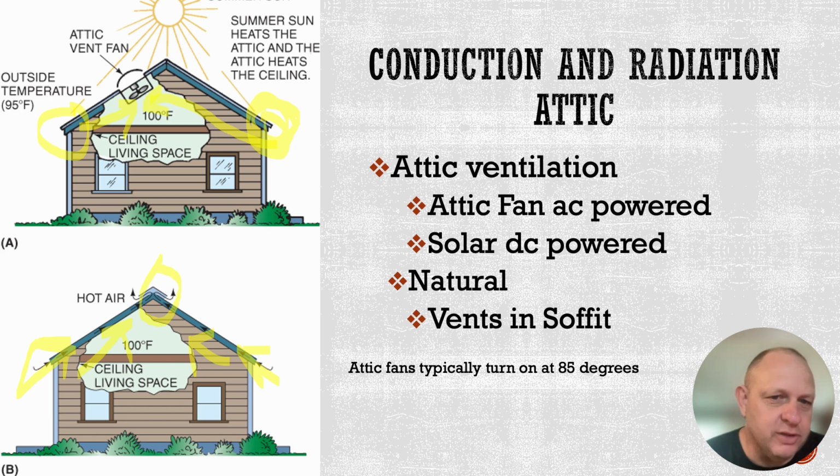Attic fans and solar DC powered fans have overloads on them that prevent them from operating. If there was a fire that was started in the attic, we don't want to feed that fire with new oxygen. So those attic fans will have safeties that will prevent those fans from operating at that time.